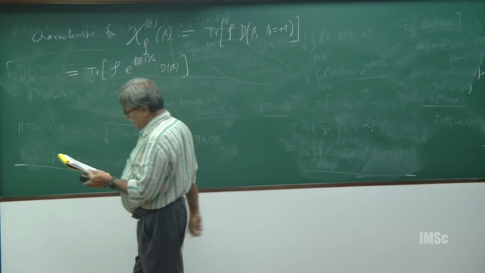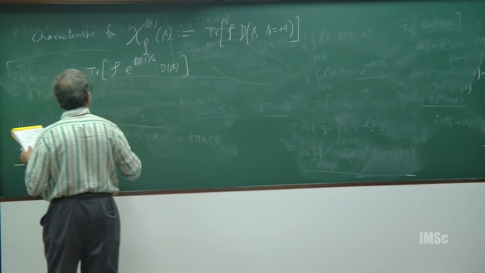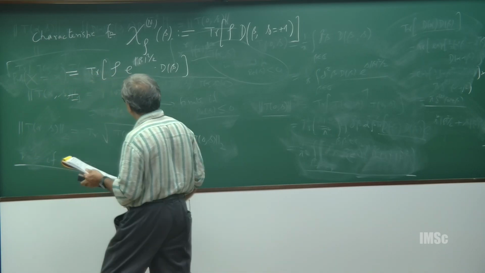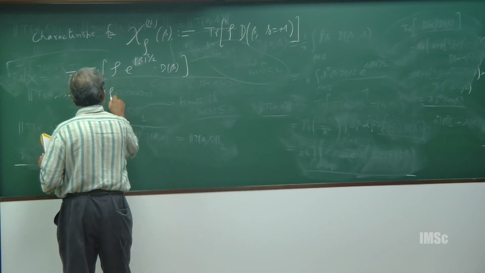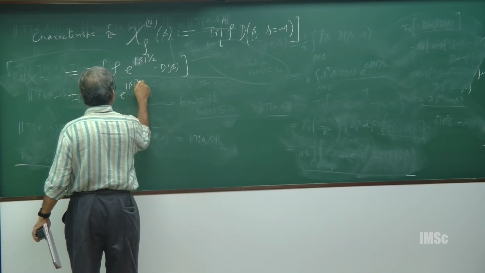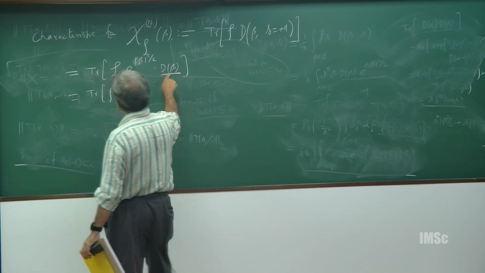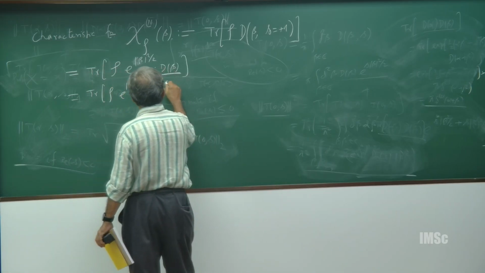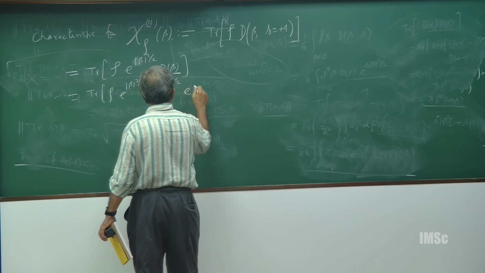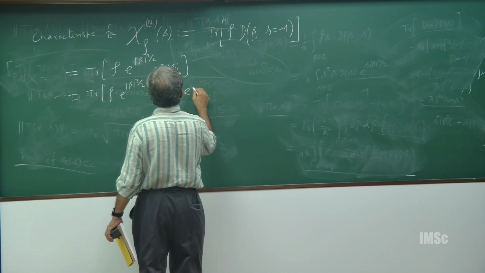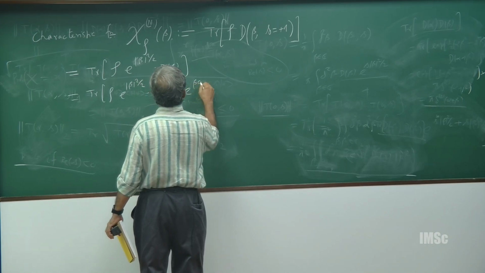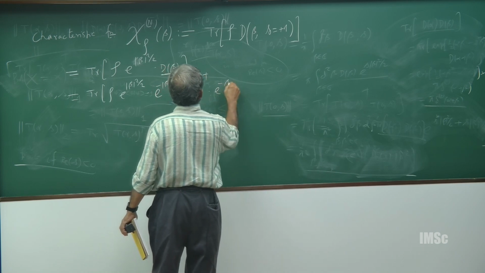This is what you will have, and then I use the normal ordering form. The normally ordered form of this is e to the power minus mod beta square by 2, e to the power beta a dagger, e to the power minus beta star a.